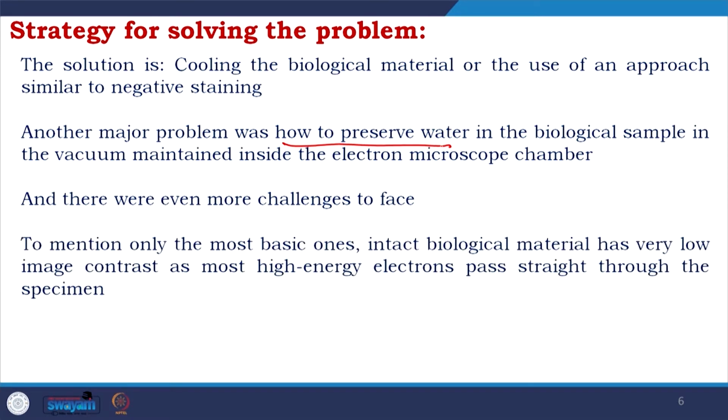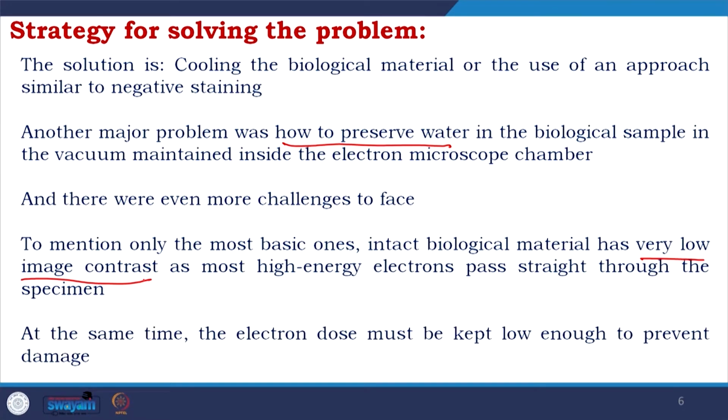To mention only the most basic ones, intact biological material has very low image contrast. Why? Because most high energy electrons pass straight through the specimen and would not make any effect. So, it has low image contrast. At the same time, the electron dose must be kept low enough to prevent damage.